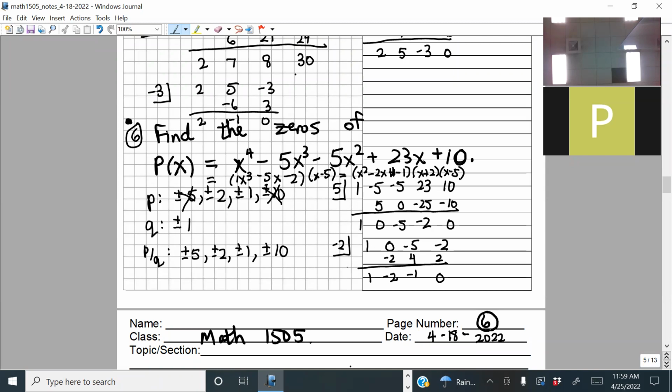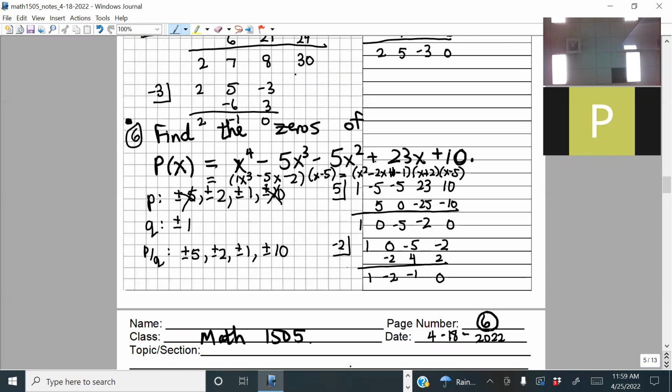But that's great now, because now we're down to just worrying about the zeros of this quadratic polynomial, x squared minus 2x minus 1. And we know 2 of our zeros are -2 and +5.